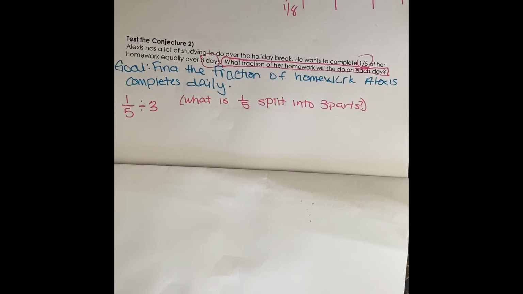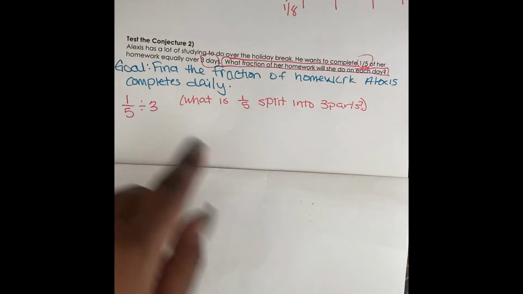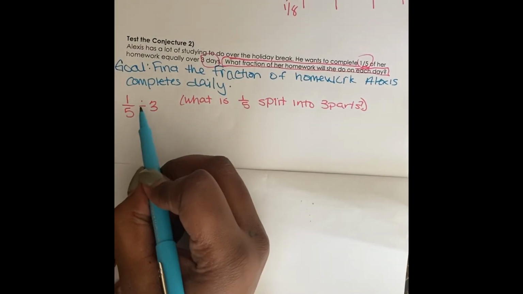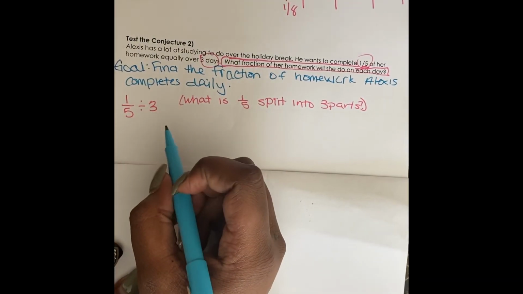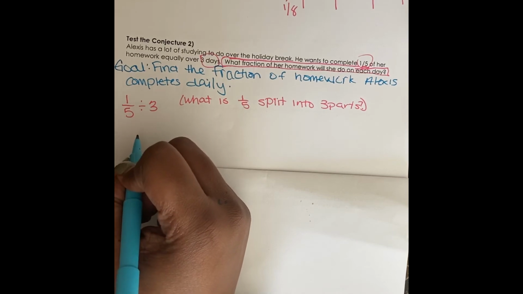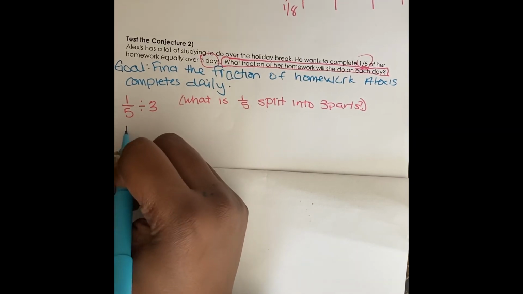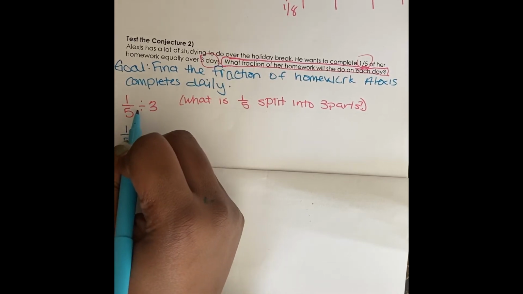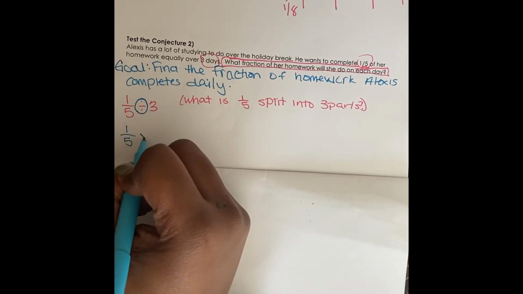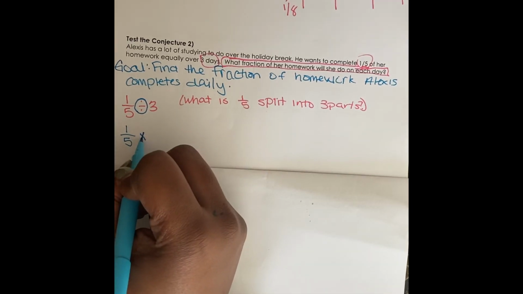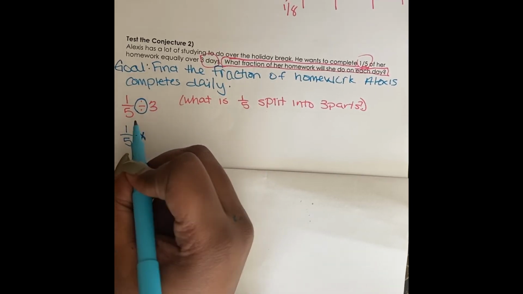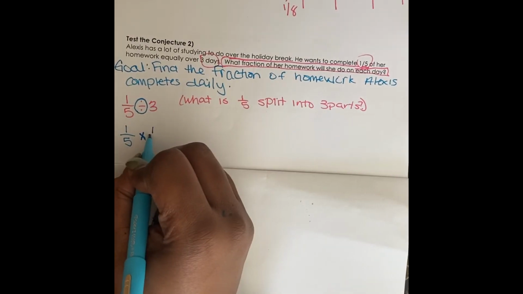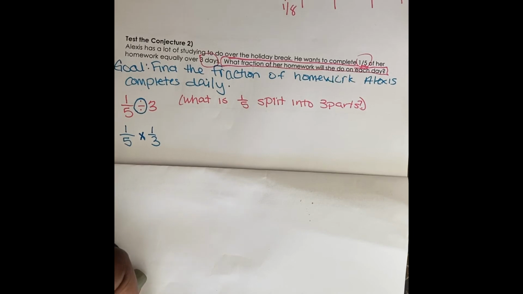So just like we talked about before, 1/5 divided by 3 is the same as finding 1/3 of 1/5. So we can simply keep our 1/5 the same, change our division sign into multiplication, and find the reciprocal of 3, which is going to be the opposite of 3, the inverse of 3, which would be 1/3 in this case.